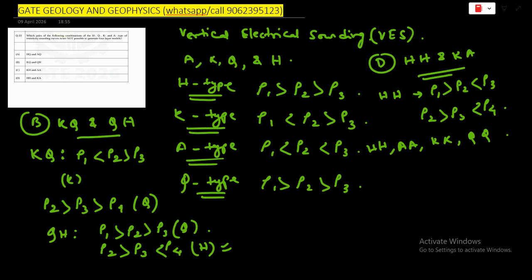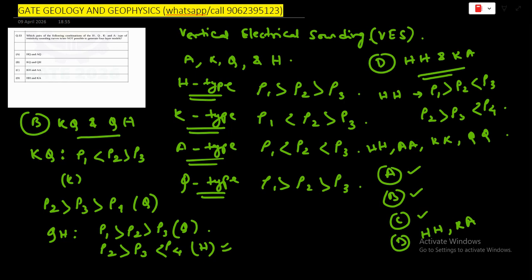The question asks which is not possible. Option A is HQ and AQ, so it's possible. Option B says KQ and QH, definitely possible. Option C says KH and AA, possible. And option D says HH and KA.